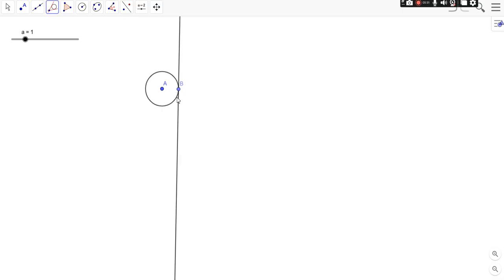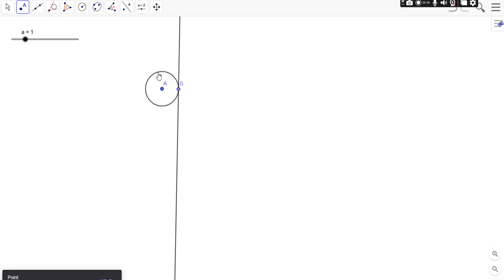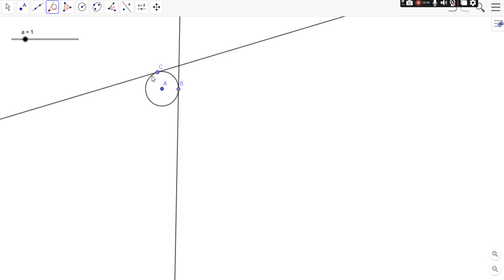It touches the circle at only one point. If I take another point, say C on the circle, and draw a tangent at point C, what do we observe? Again, this line touches only one point. Now my question is, in a circle, how many tangents can be drawn?